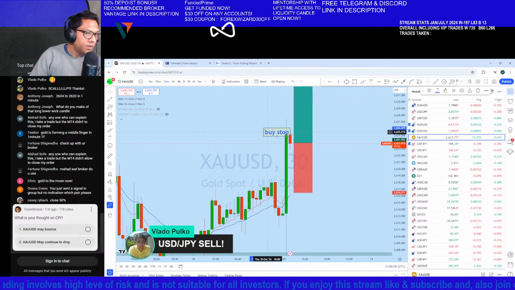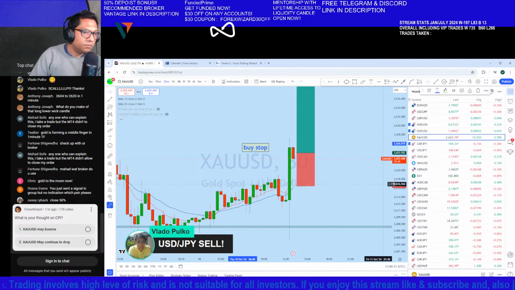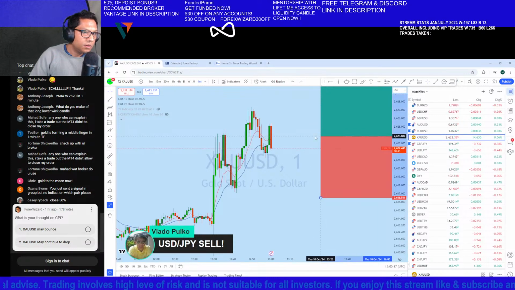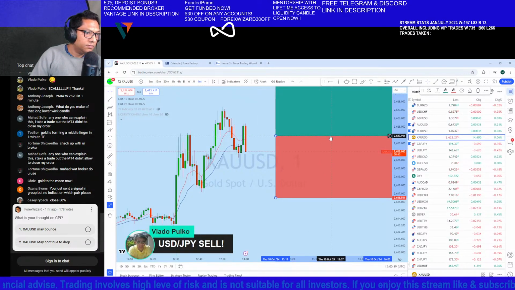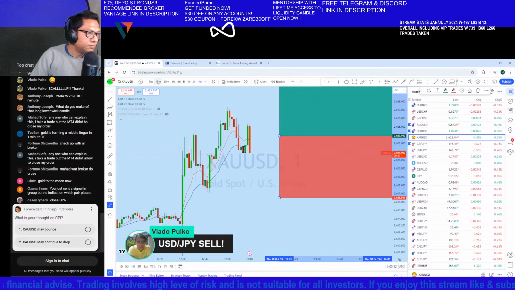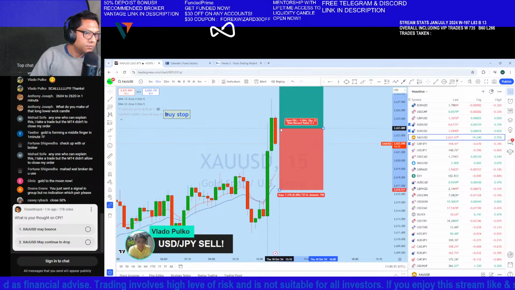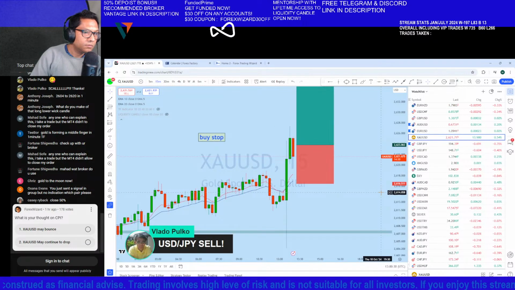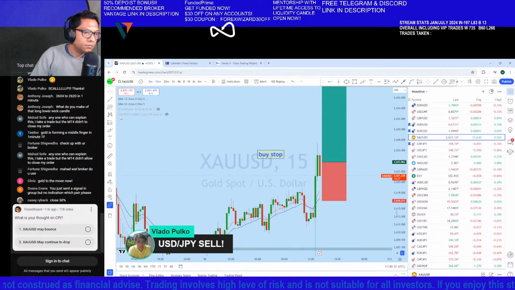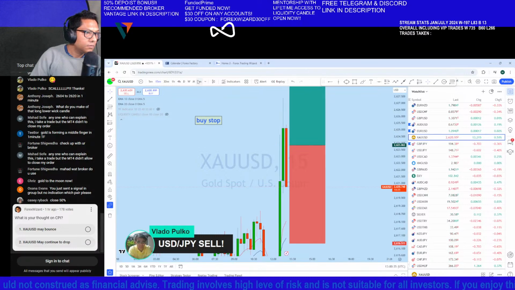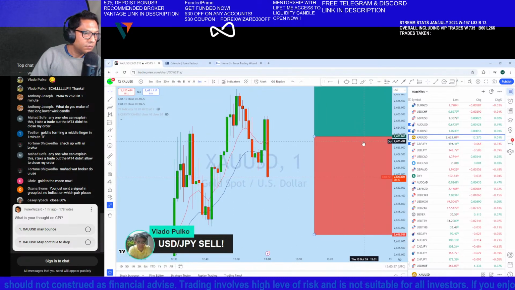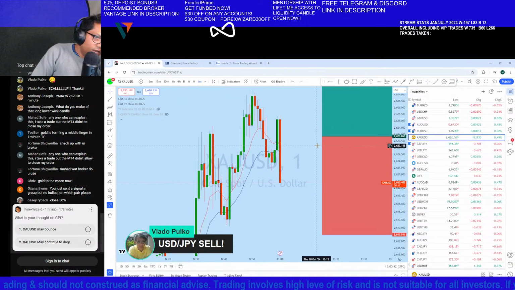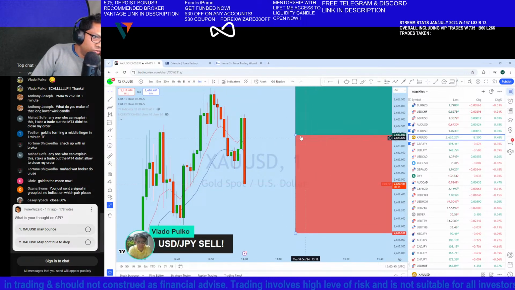Okay, candle close here. Now after the candle close, if it is rejection, then it's not a good idea. That is an unusual breakdown.